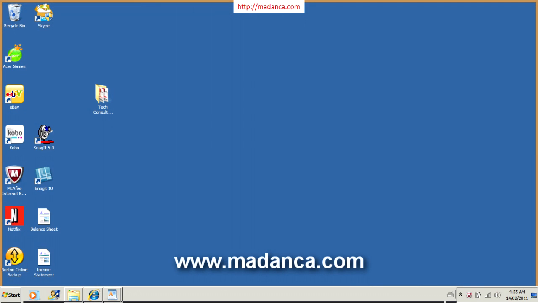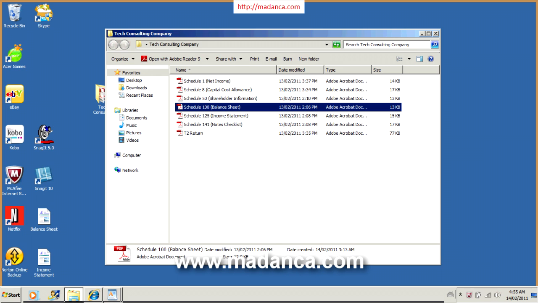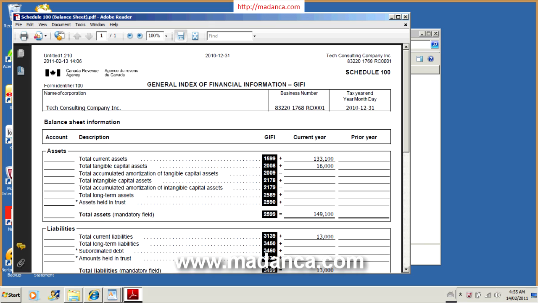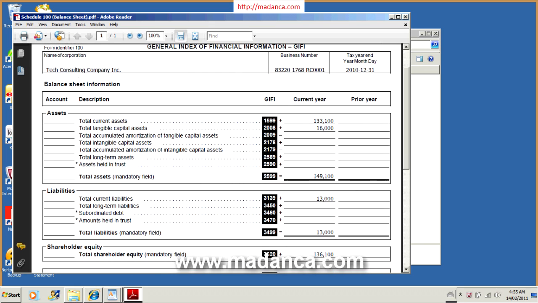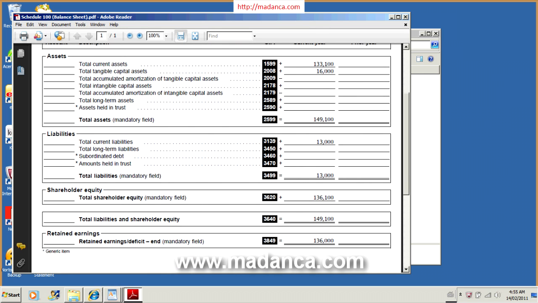Let's start with the basic schedules for the preparation of the tax return. Schedule 100, the balance sheet, is a summary of the balance sheet information which I showed to you previously. Total assets of $149,100 and total liabilities of $13,000 with equity of $136,100.